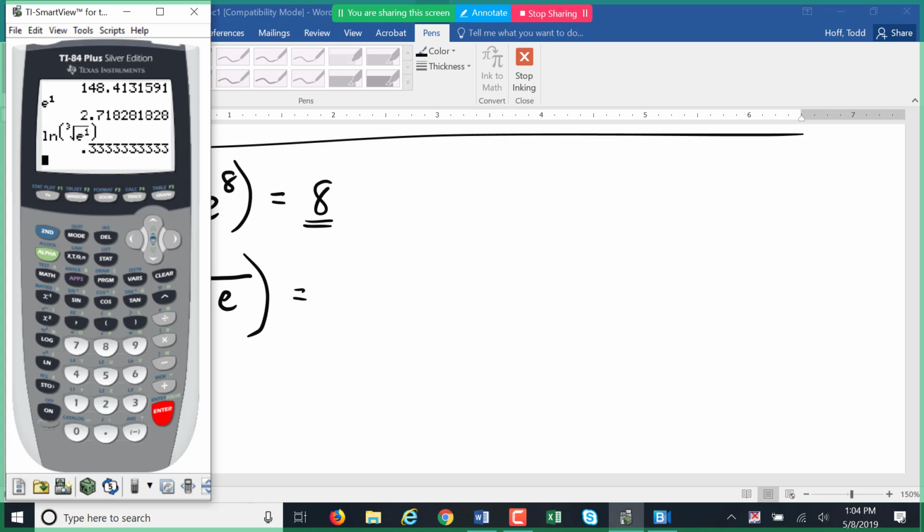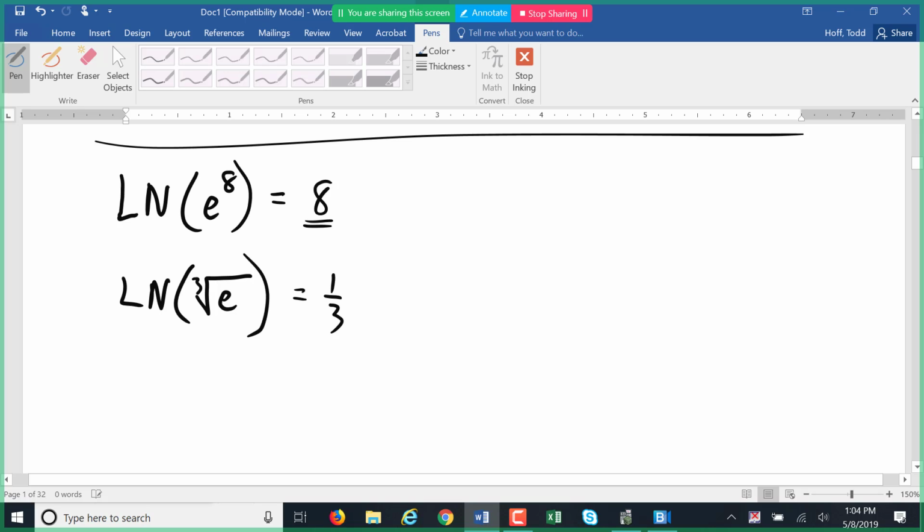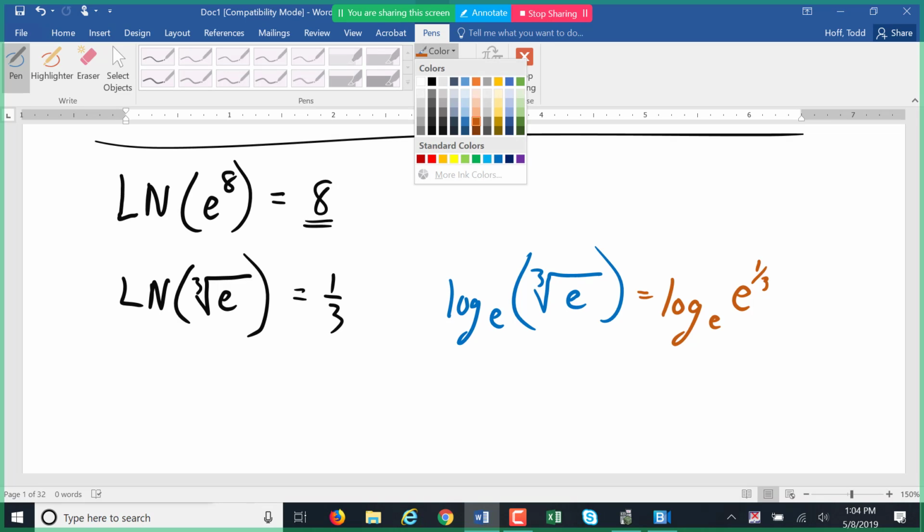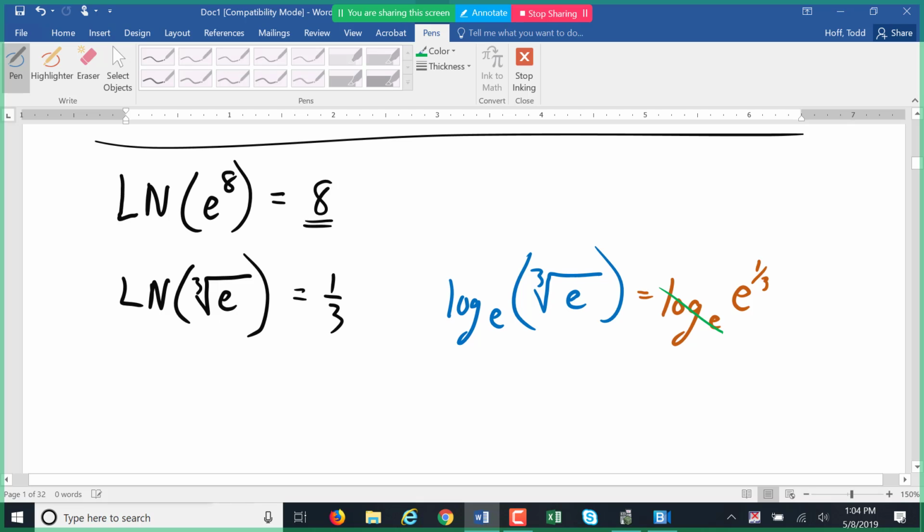It's 0.33333, or 1/3. Remember, this is log base e of the third root of e. The third root of e is really e to the power of 1/3. So the log base e and the e to the power of cancel out. ln of the third root of e is just the index of that root as a power, or 1/3.